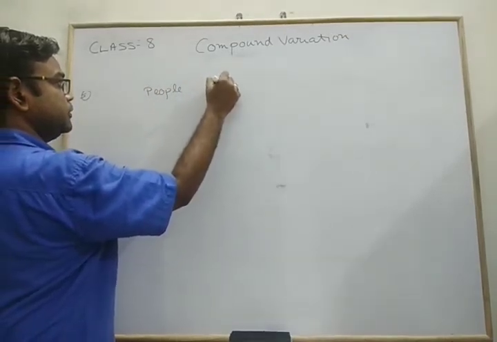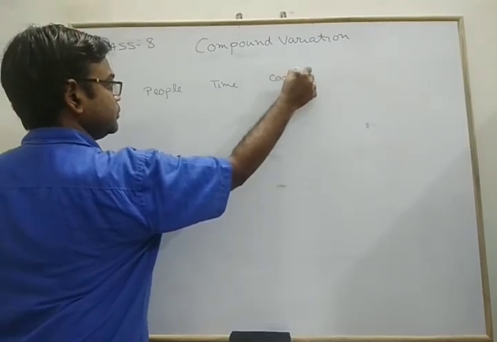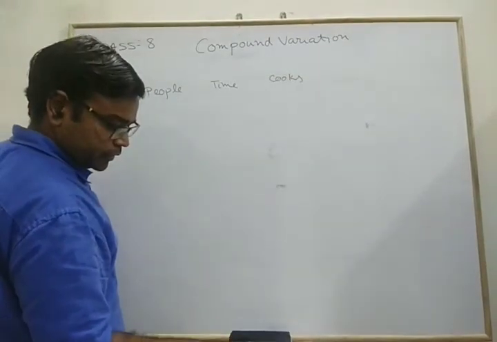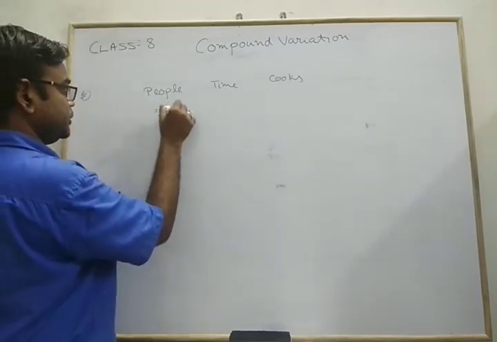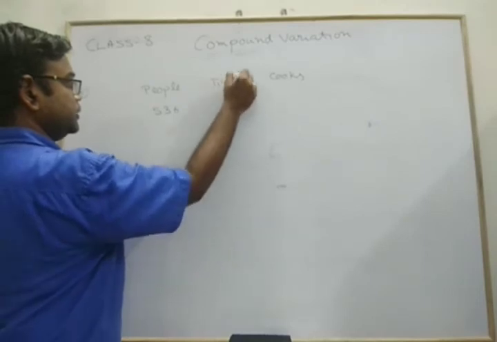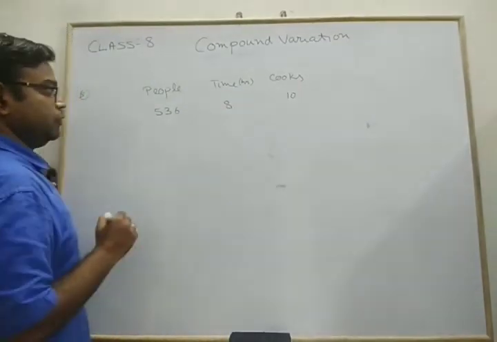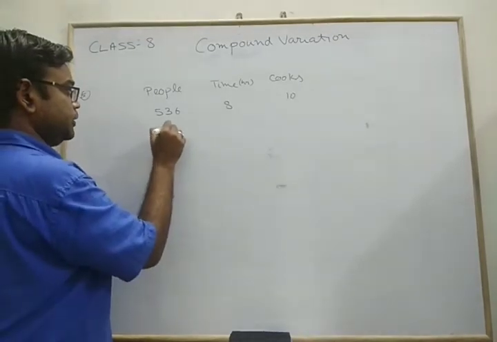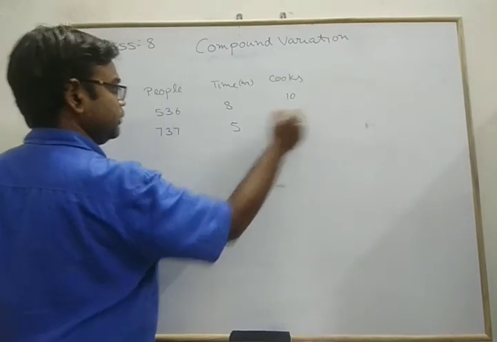For 536 people working 8 hours, 10 cooks required. So 737 people times 5 hours, x cooks required.